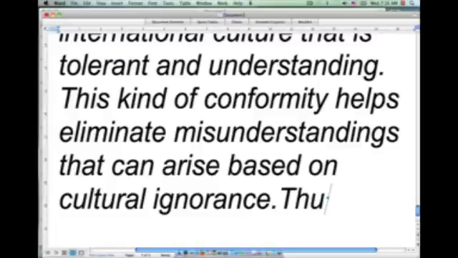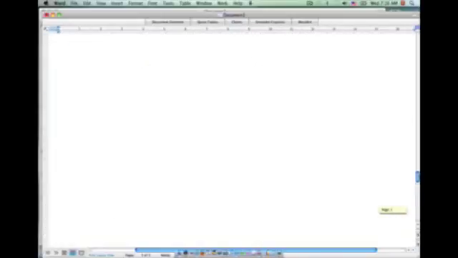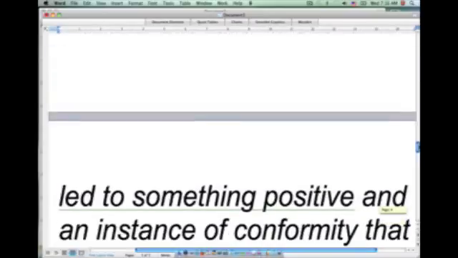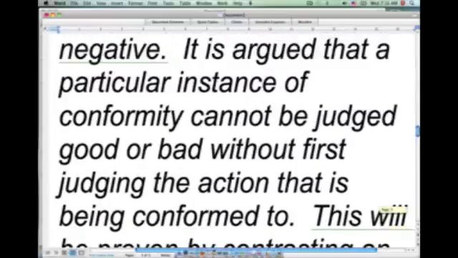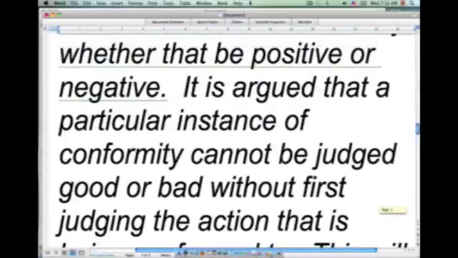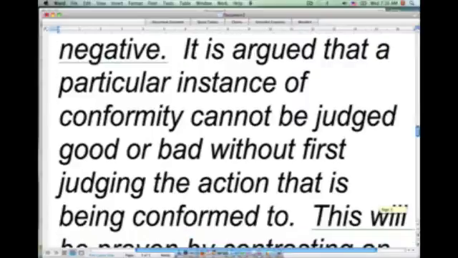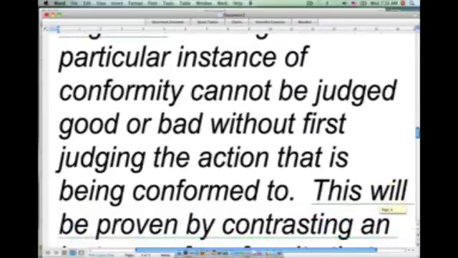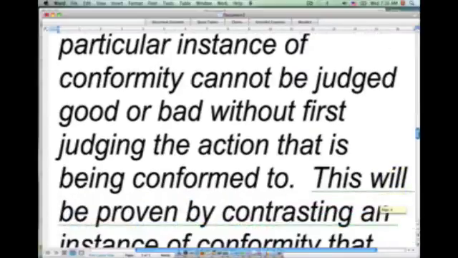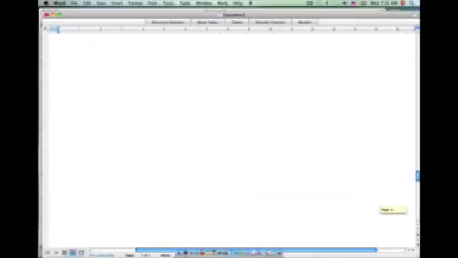So linking back to our thesis, now let me just quickly review. What is our thesis? Our thesis was, it is argued that a particular instance of conformity cannot be judged good or bad without first judging the action that is being conformed to.